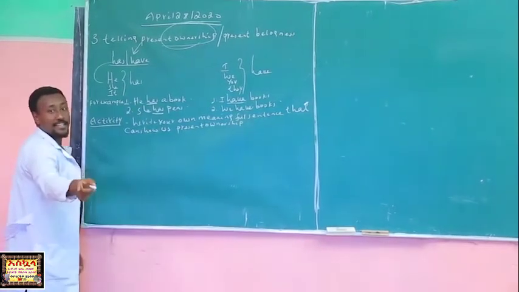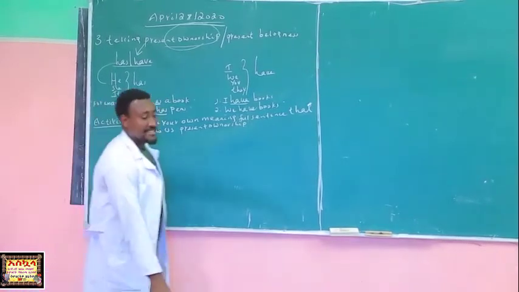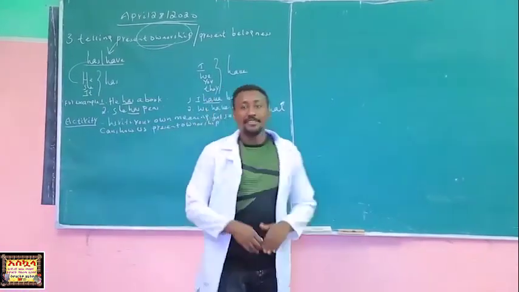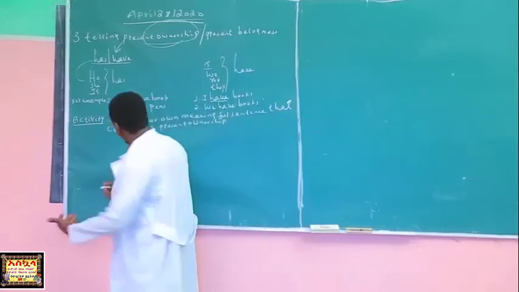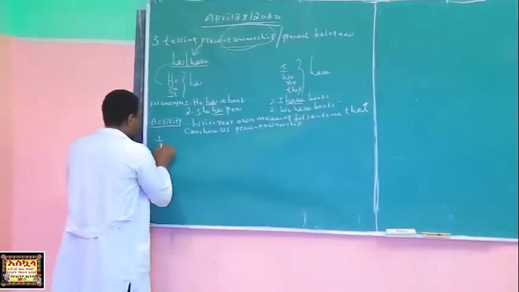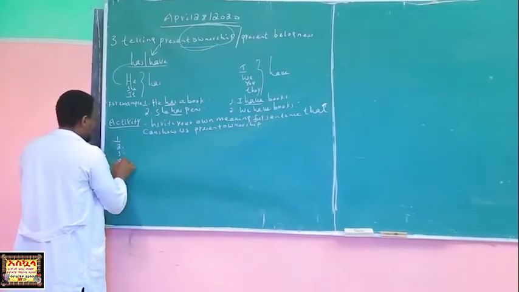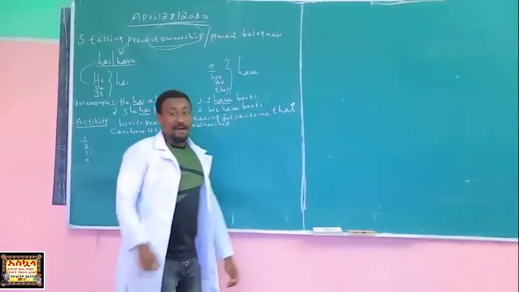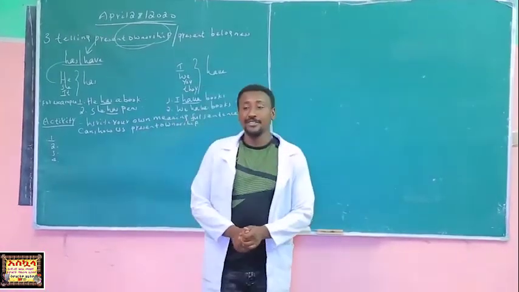The things that you have, the things that your brother has, your sisters have, your brothers have, etc. So 4 sentences: 1, 2, 3, and 4. Parents, please help your students.